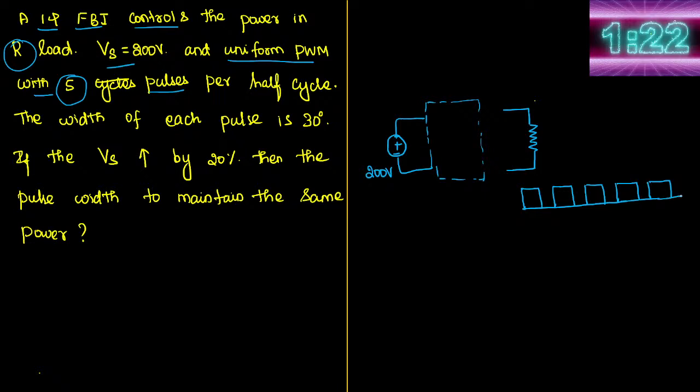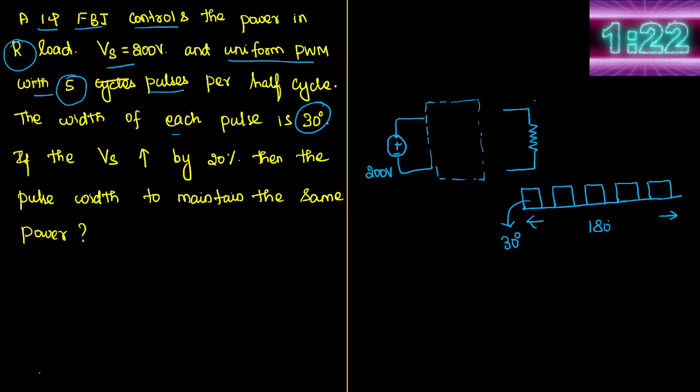So between the first 180 degrees, in total we have 5 pulses. Next, they told the width of each pulse is 30 degrees. So this is one pulse, and its width is 30 degrees.